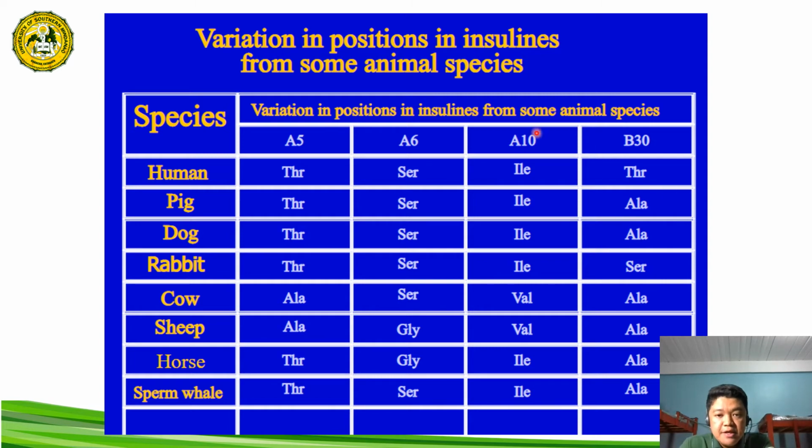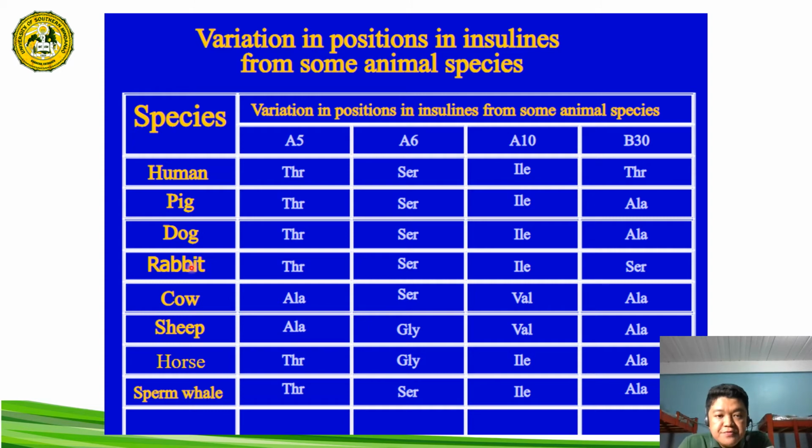So for example, between humans and pigs, they are almost the same, but they only differ in their 30th amino acid, located at the C termini of the B chain. So for humans, the B30 is threonine. For pigs, that is alanine. The insulins of pigs and dogs are almost the same, because they don't differ in this diagram.